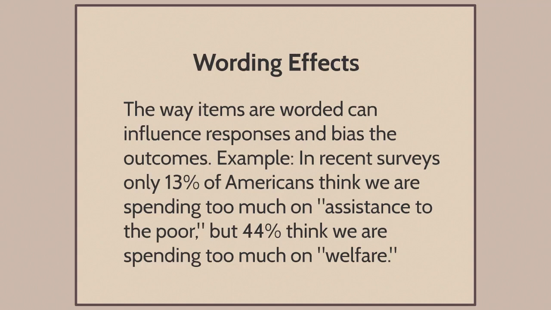And so there's a segment of the society that would respond that we're spending too much on that. Yet if you ask those same exact people the question in a different way about assistance to the poor, where it becomes more of a charitable and helping out, then suddenly we get a different response rate. The way items are worded can influence responses and bias outcomes.